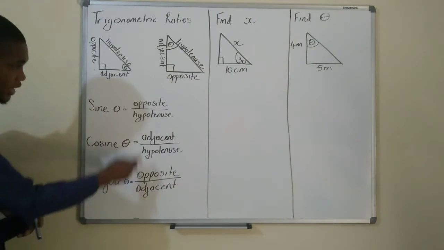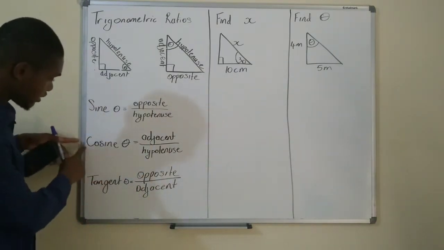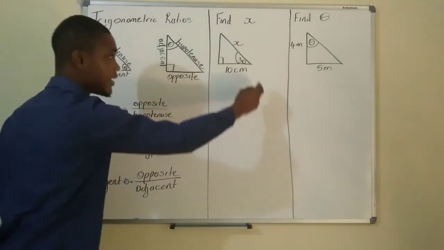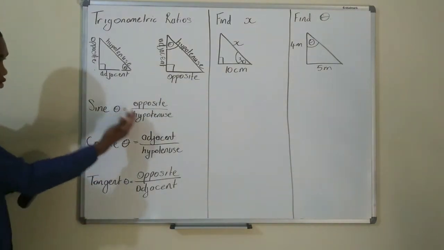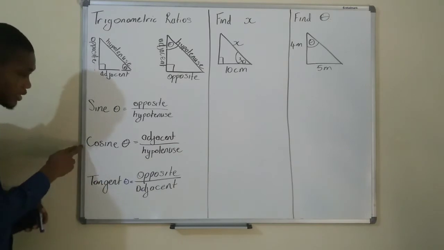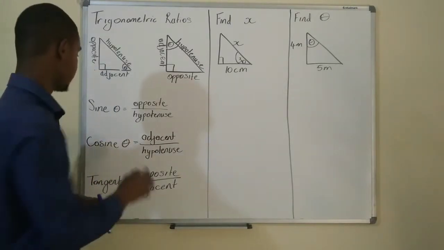So you're looking at which ratios involve adjacent. It's either cosine or tangent. Now, what are you trying to find? This is the longest side, so it's the hypotenuse. Look back at your ratios. You have the adjacent and you want the hypotenuse. That includes cosine, so you'll simply use your cosine ratio.